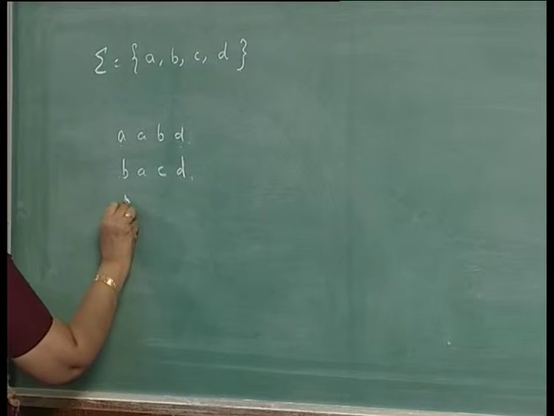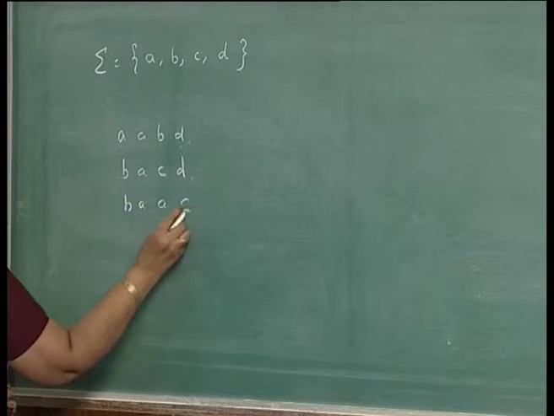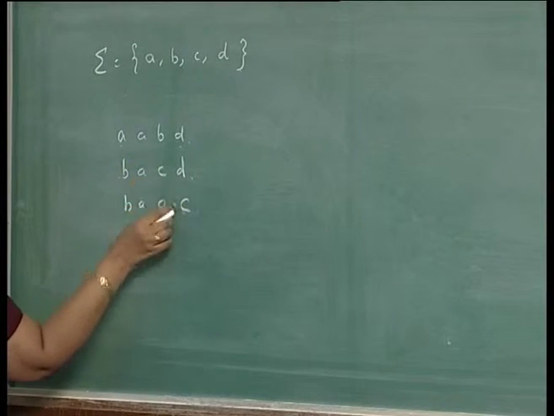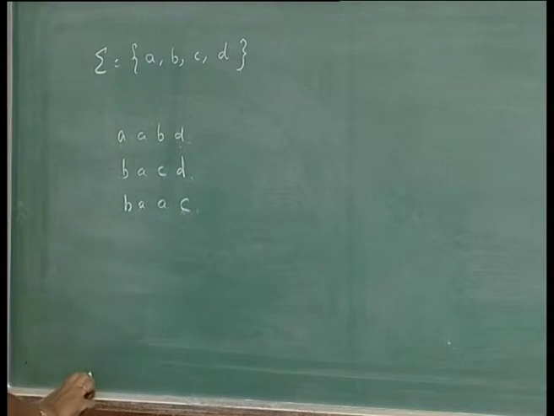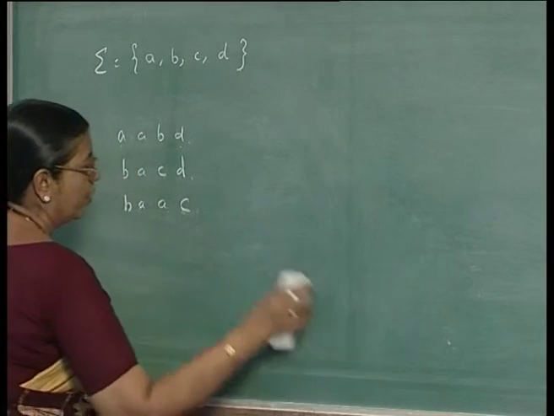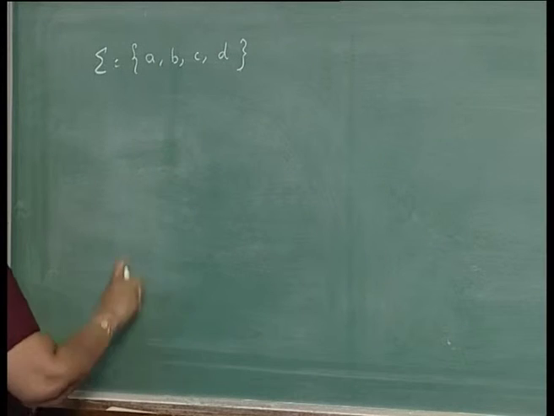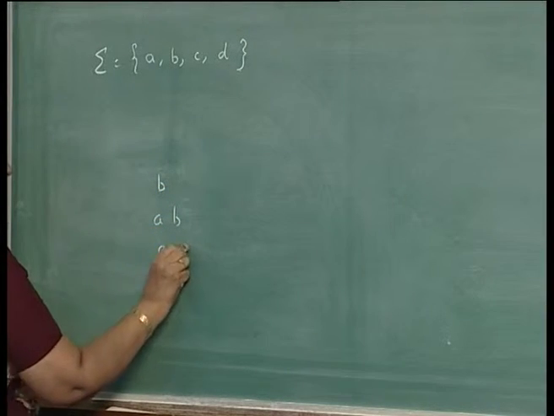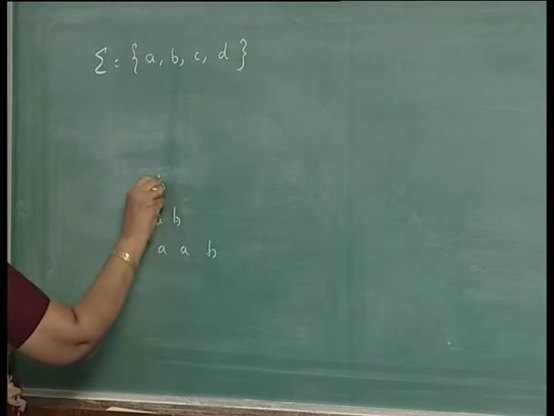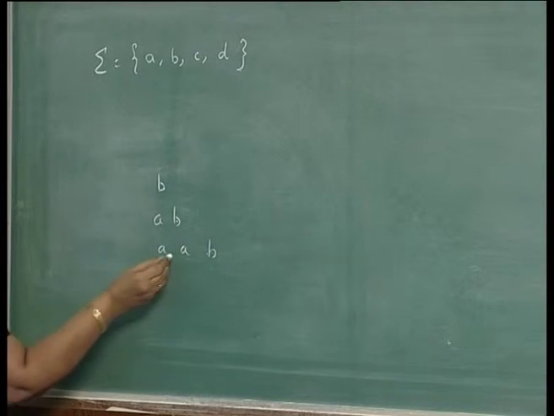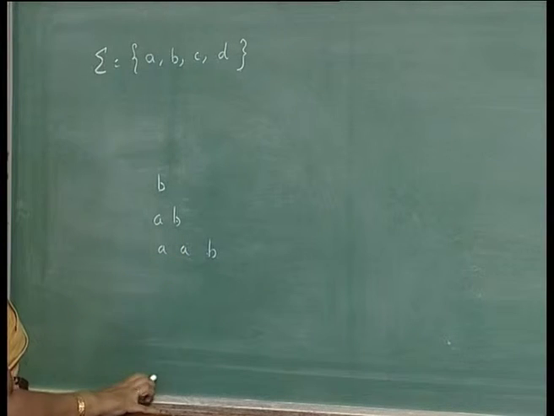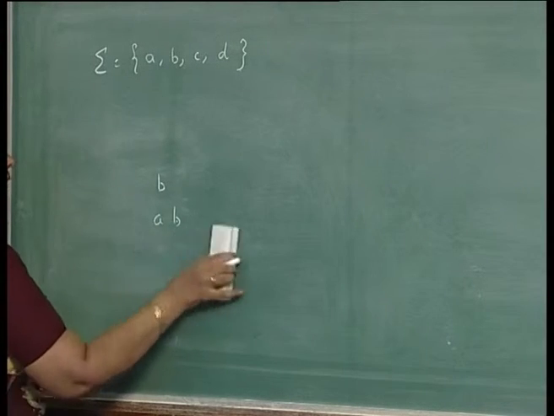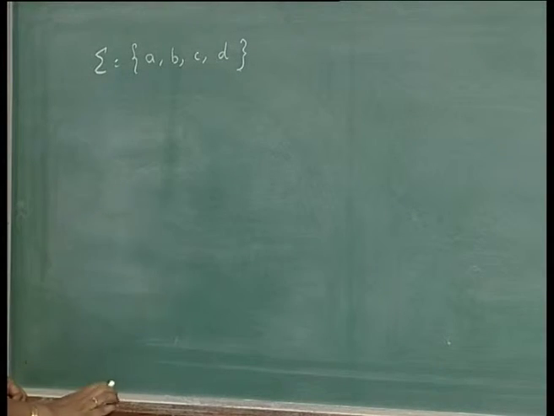If you have BAC, something like that, this will come before this, but this will come after that in the lexicographic ordering. If you consider, say, BAB, like that, this will come before this in the lexicographic ordering and this will come before this in the lexicographic ordering. And that is why it is a linear order.